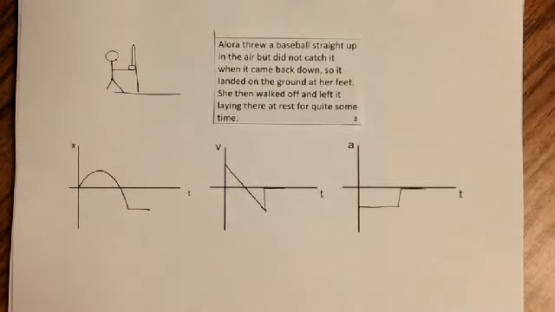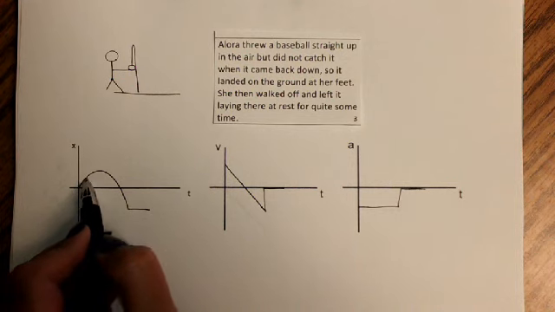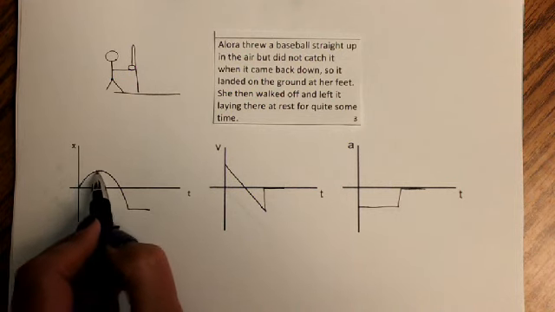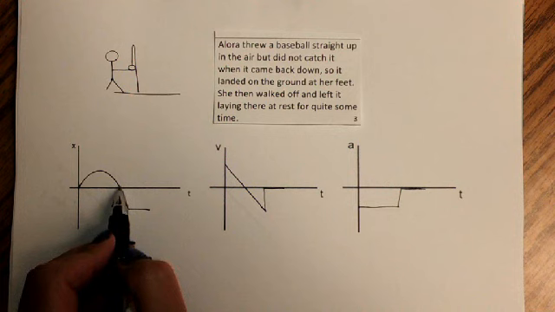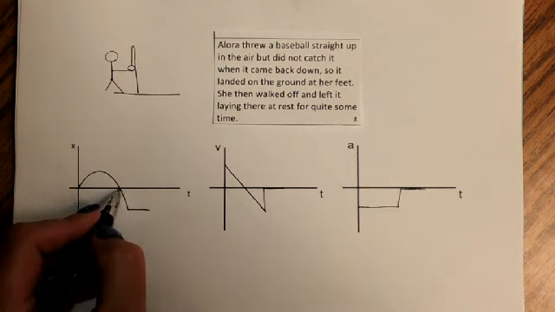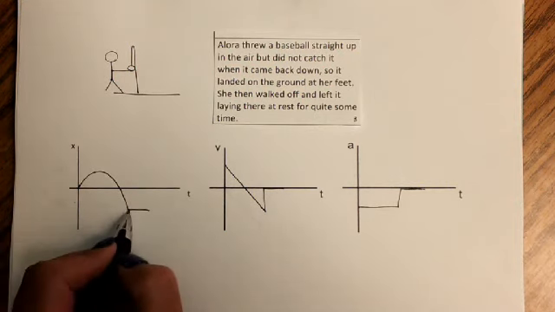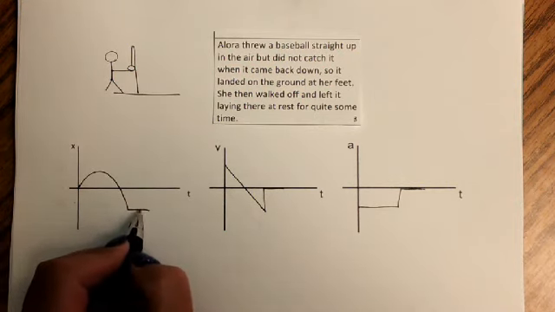Okay, time for answers. So Laura threw it up in the air, and it slowed down on its way up, sped up on its way down, but when it got back to the origin, she missed it, so it kept going down past the origin, still speeding up, hit the ground, and she just left it there, so it stayed in that same position.